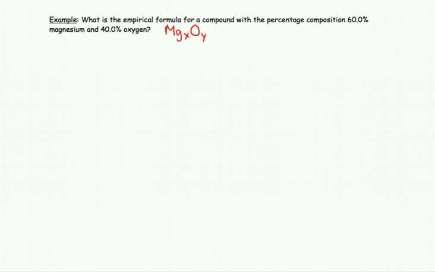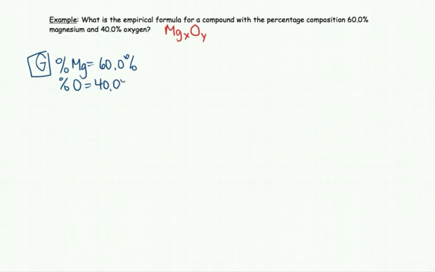Okay, so we're going to write down the information that's given to us here. We know the percent composition of magnesium is 60%, and we know the percent composition of oxygen is 40%. It's like carrying on from those last questions we did last day.